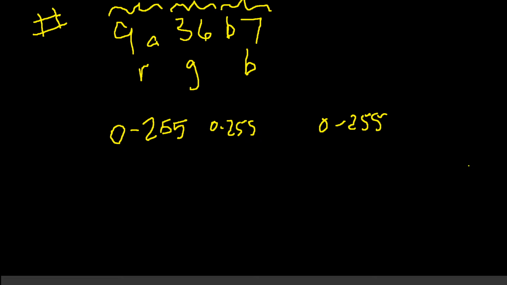And that gives us 256 values per pair that we can represent with 2 characters per pair.